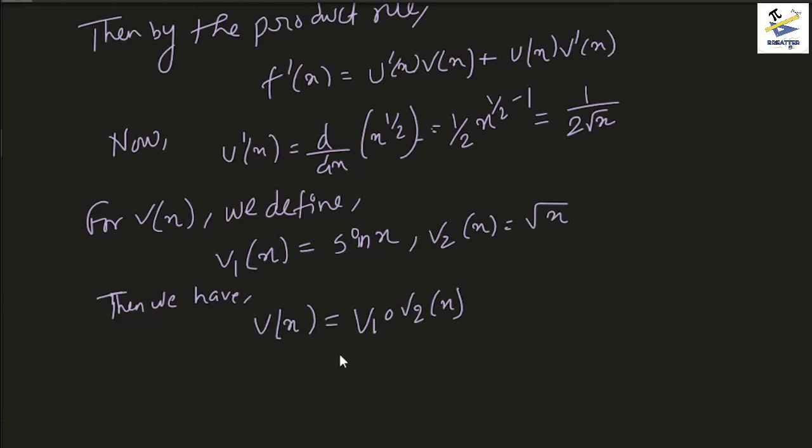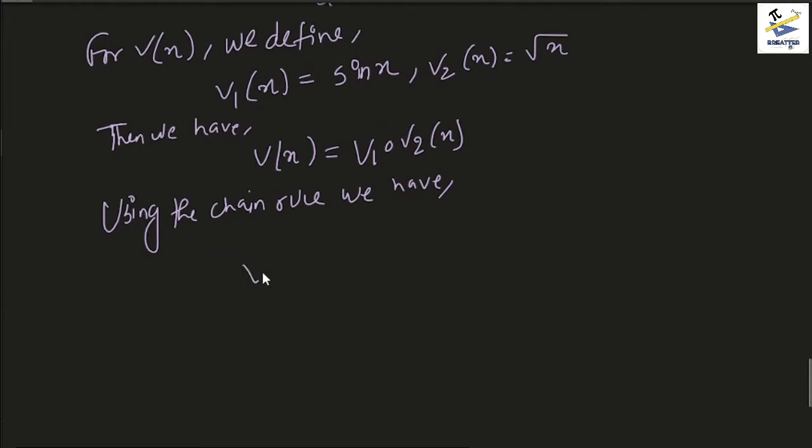Now, using the chain rule, we have v'(x) equals v1'(v2(x)) into v2'(x), right?